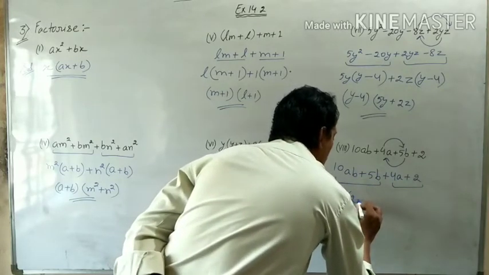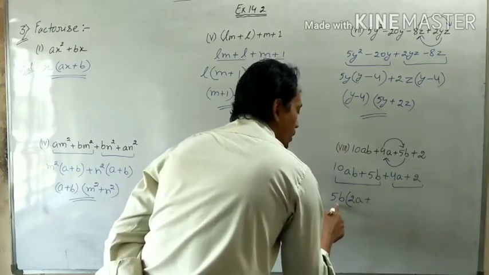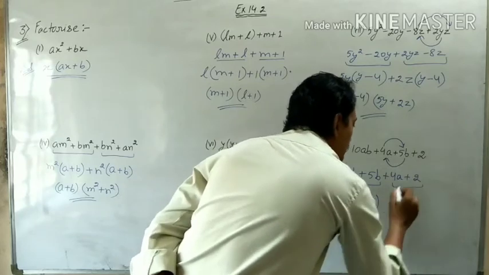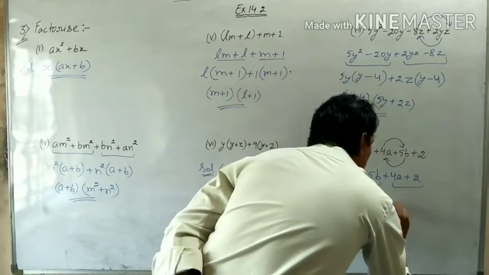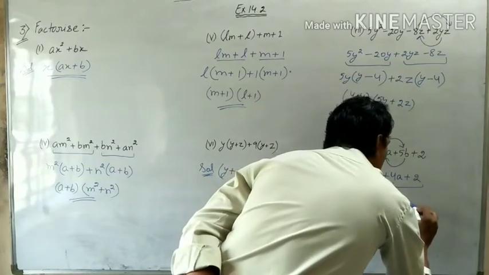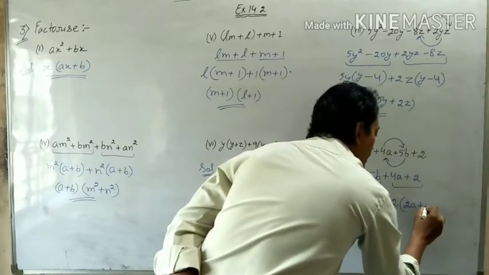So 2a, 5b whole we have taken common. So you have just 1 here. Okay. Fine. Again in the same way you can take plus 2 as common. So you have the bracket 2a plus 1, since you have already taken 2 common.